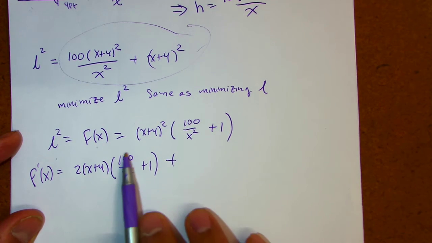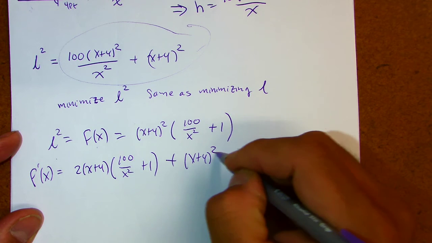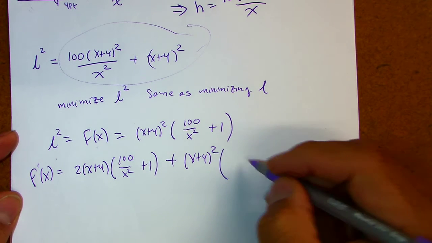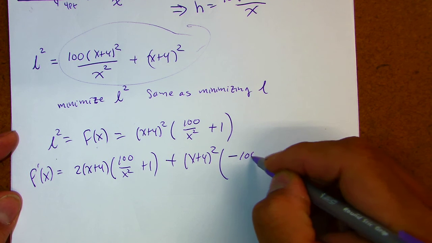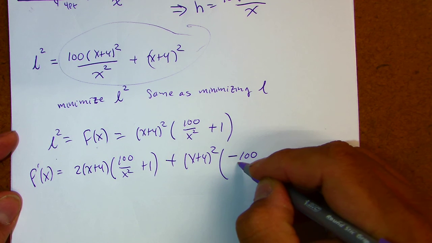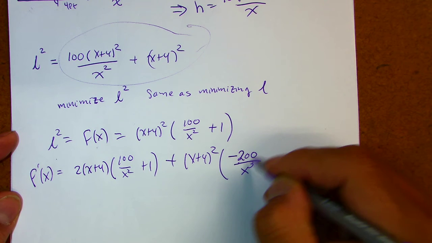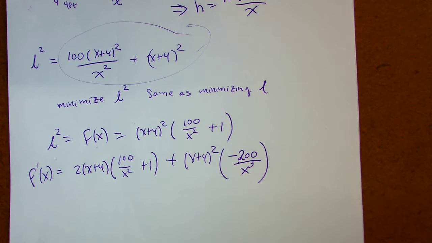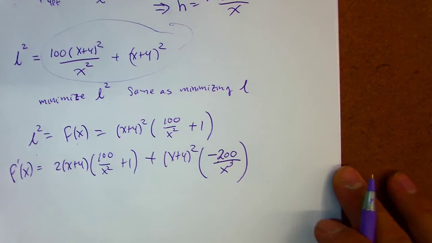Now I'll leave the other one alone and take the derivative here. All right, and we get this value right here.